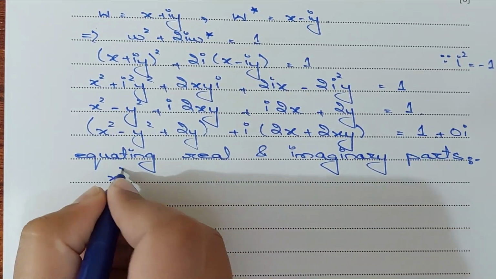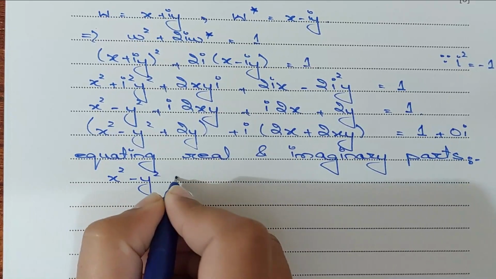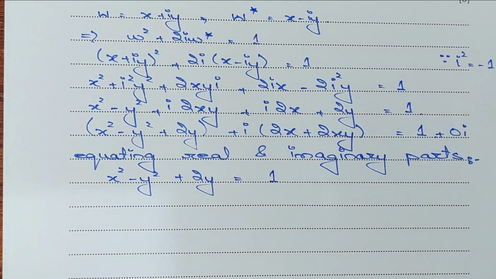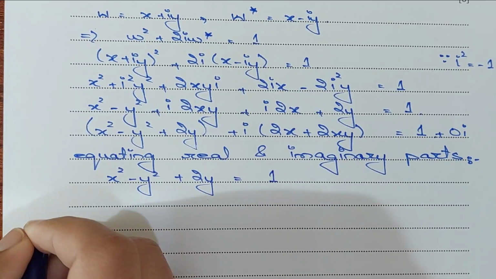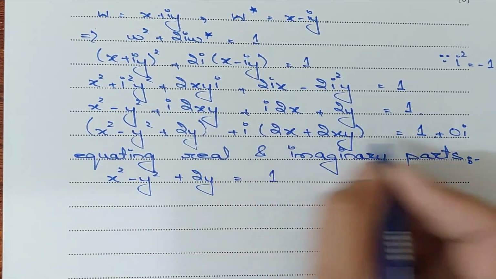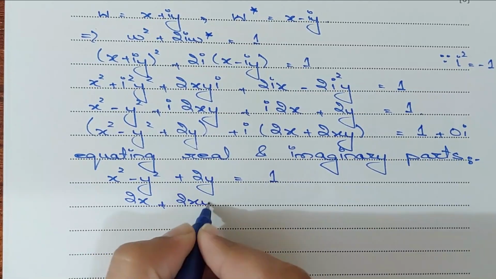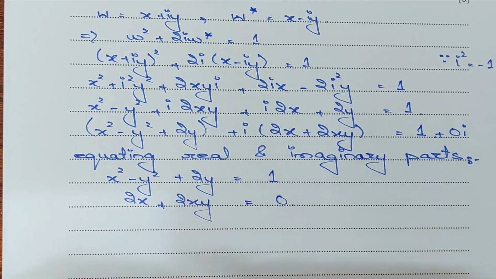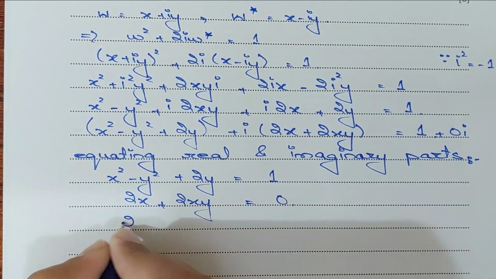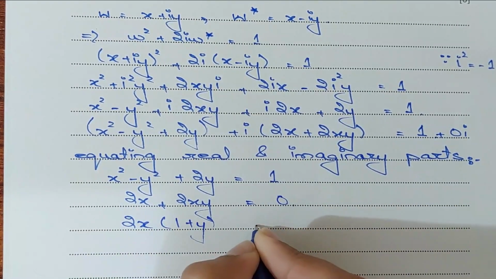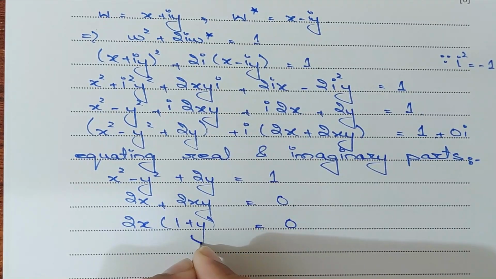So we can say x squared minus y squared plus 2y equals 1, real with real. And we have the second equation, imaginary with imaginary, 2x plus 2xy equals 0, right? So if I factorize 2x, we have 1 plus y equals 0, right?